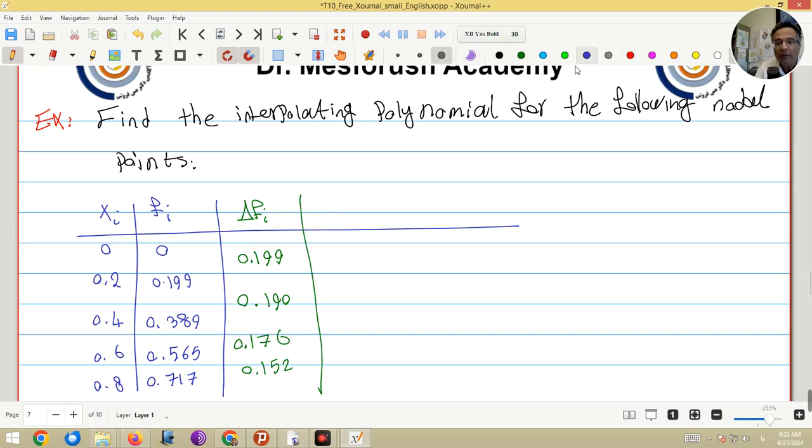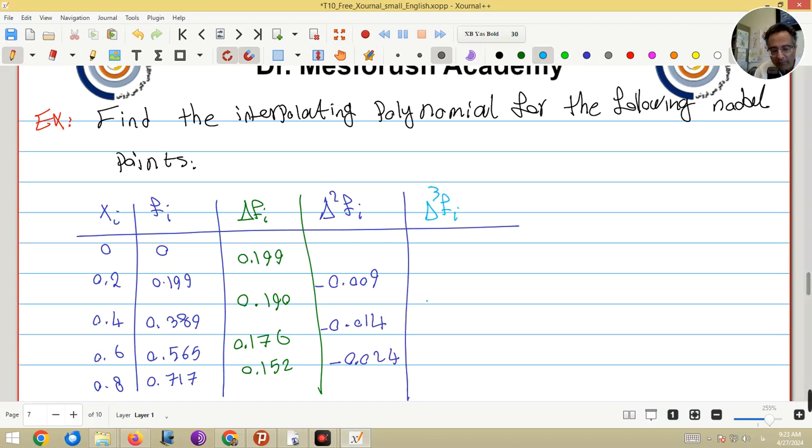Okay, now let me write the other one, delta squared fi. From these two I get minus 0.009. From these two I will get minus 0.014, and from these two I will get minus 0.024. The other one, delta 3 fi: this one and this one will get minus 0.005.